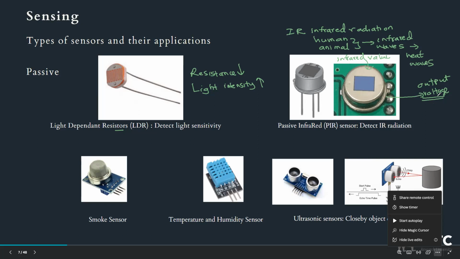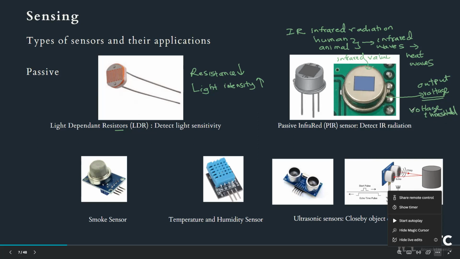And then if we define a certain voltage threshold, we are able to use this voltage threshold to detect the presence of a human, right?